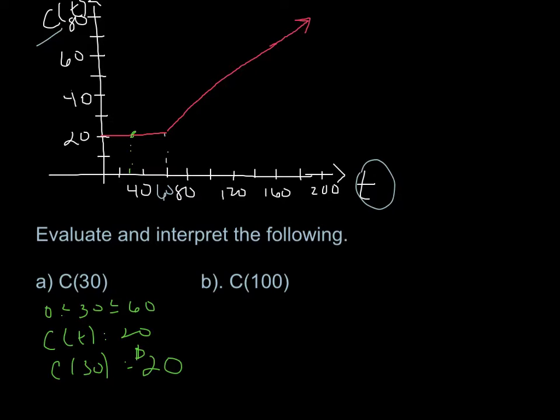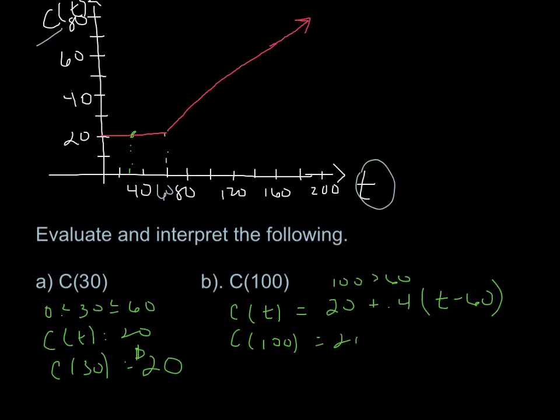If we were to evaluate c of 100, then we have 100 is greater than 60, so we're using the second part of the function. We're using where the cost is 20 plus that 40 cents times whatever the difference is. So c of 100 is going to be 20 plus 0.4 times 100 minus 60.